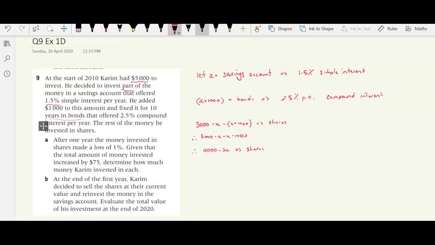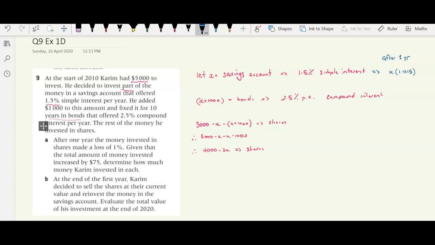Okay, so let's get this information down. So after 1 year, we know that the X in this savings account, let's put the after 1 year amounts down. This is pretty straightforward. We're getting X dollars, and it's just going to get 1.015 applied to it.